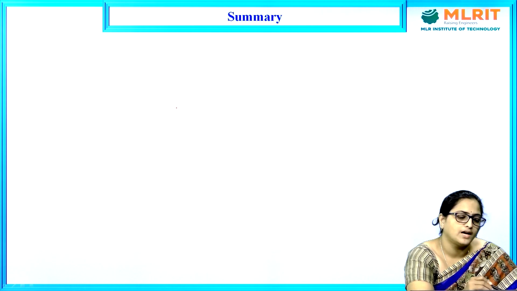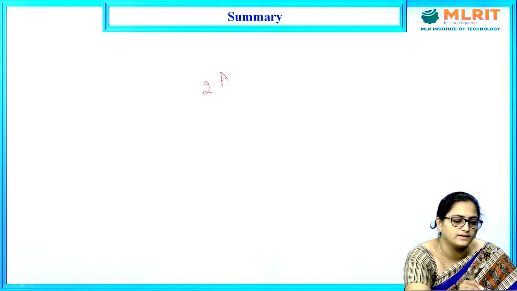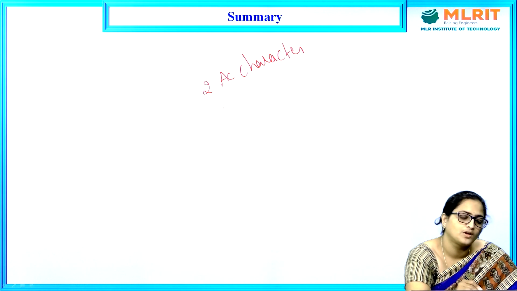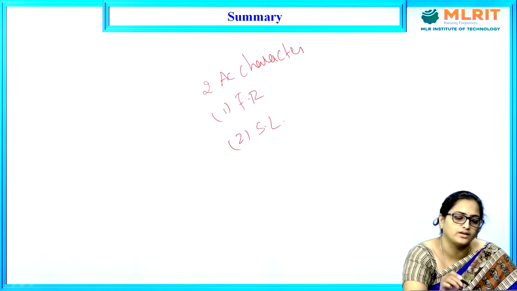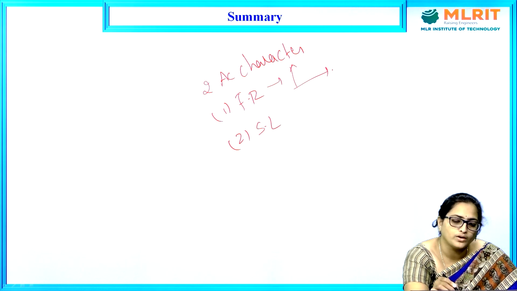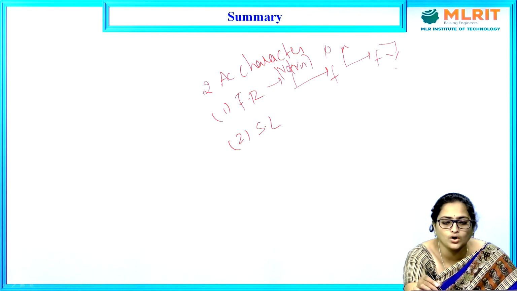So, here we have discussed two AC op-amp characteristics. One is frequency response, the other one is slew rate. In frequency response, we saw how the plot looks between the frequency and the magnitude of gain, and also we determined how the phase angle changes with frequency, and what the different compensation techniques are.